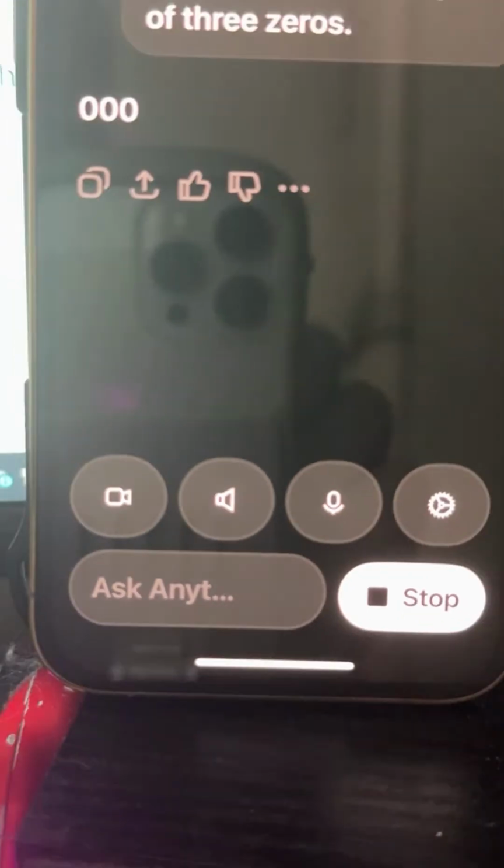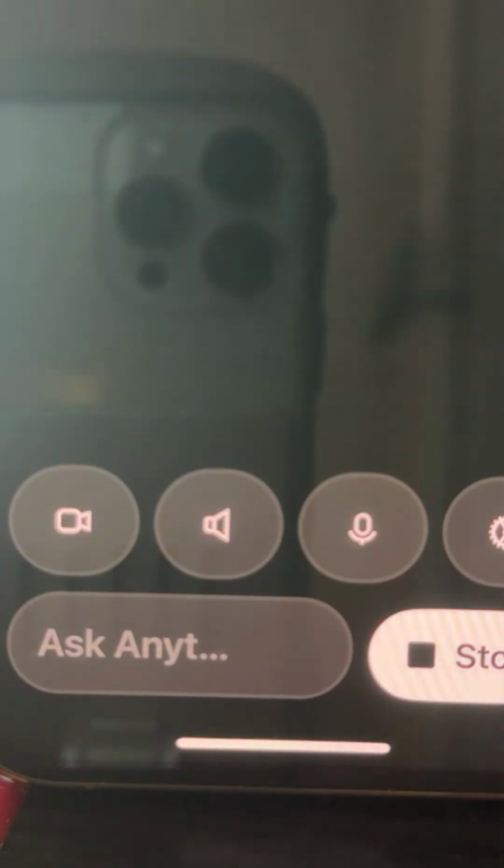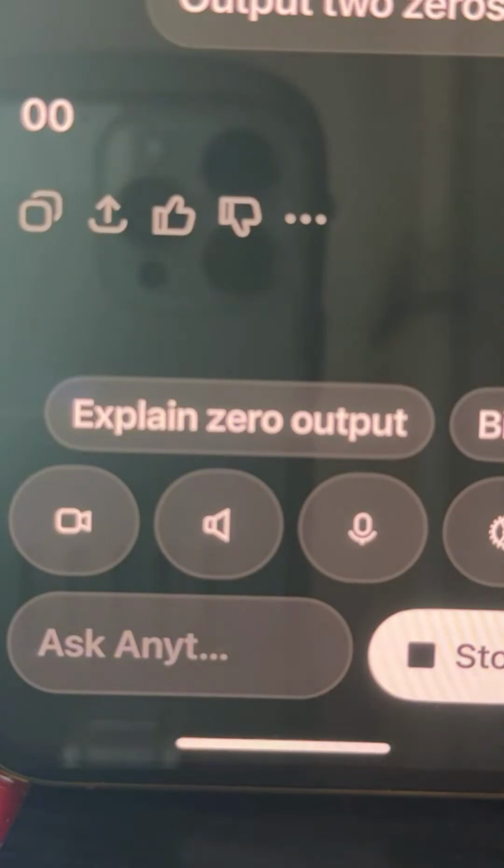You do not output. I noticed this before. Output 2 zeros. Zero 0. I want you to output 4 ones. One 11.